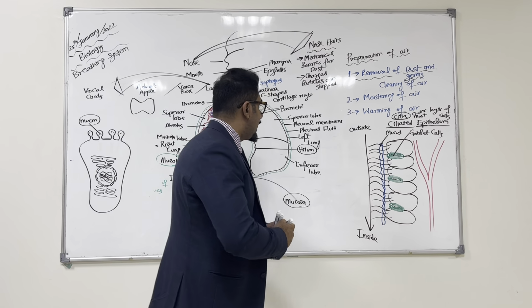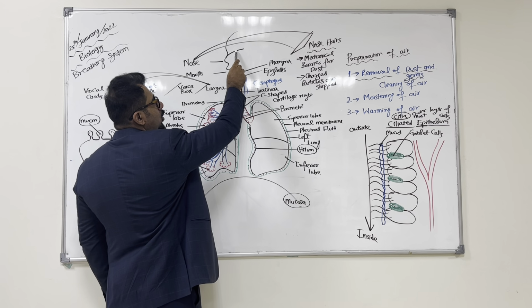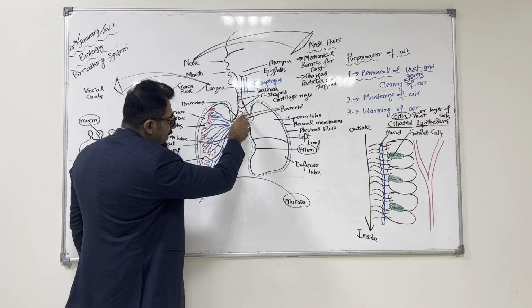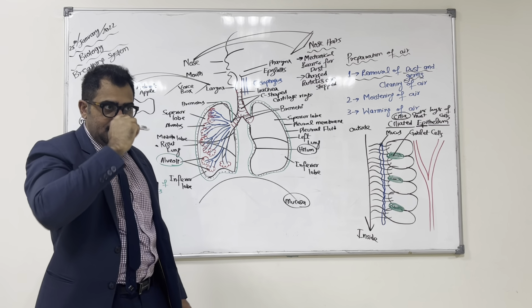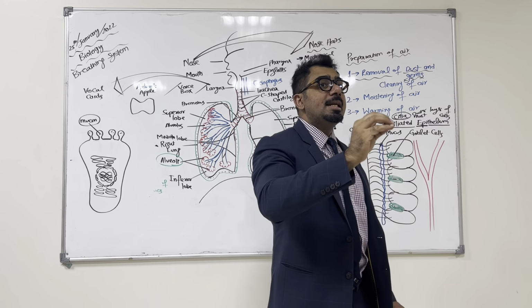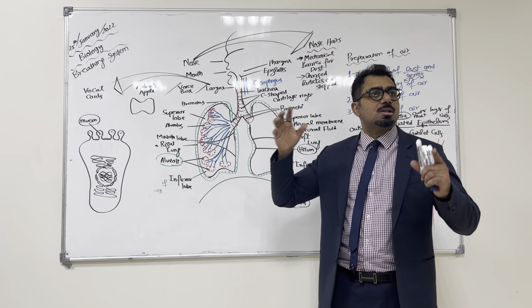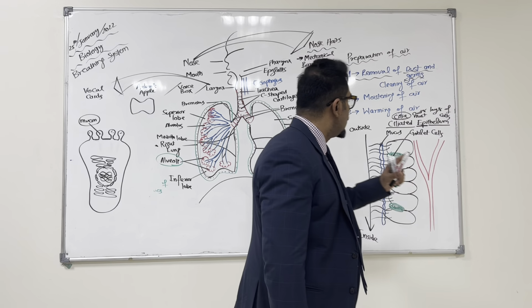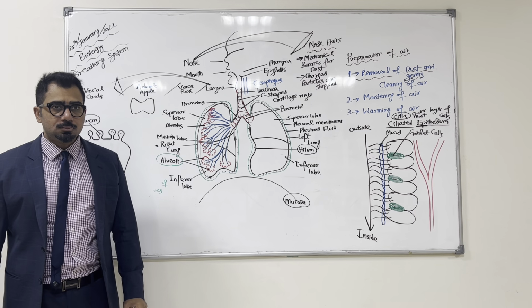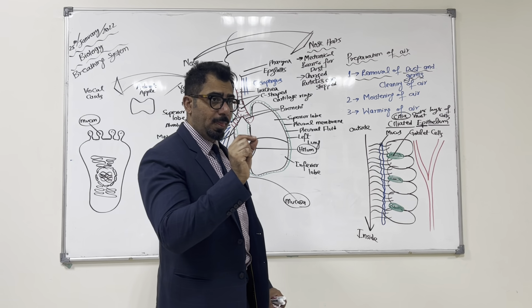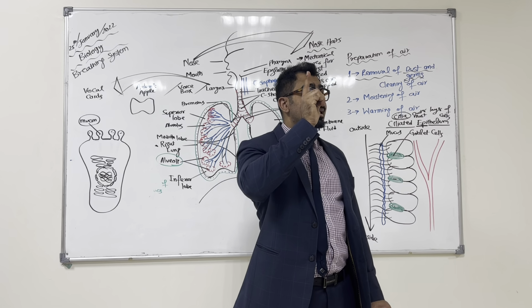And I also told you that goblet cells and ciliated epithelial cells are not only present in the nose, they are also present in the trachea, the bronchi, and the bronchioles. So the air will be cleaned until it reaches the alveoli, because dust and germs keep on sticking to the mucus present everywhere. Understood?